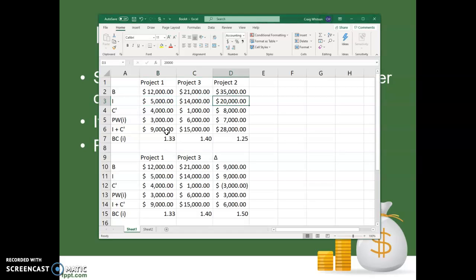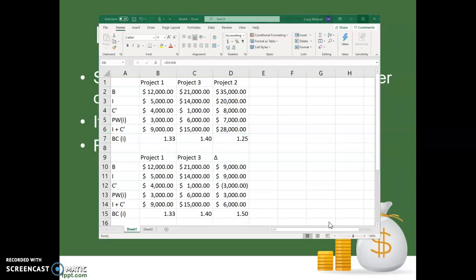And even if we look at the combined investment and operating cost, they're still in order from least to most expensive, 9 to 15 to 28. So we're going to first compare projects 1 and 3. We'll see which of these 2 is the best project, and then whichever of them is the best, we'll compare it to the third option, which is project 2, and we'll see which one is the winner.